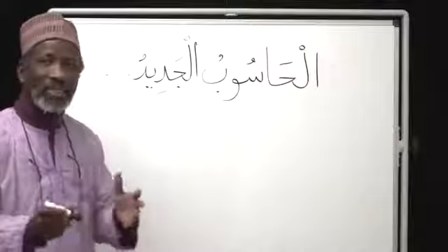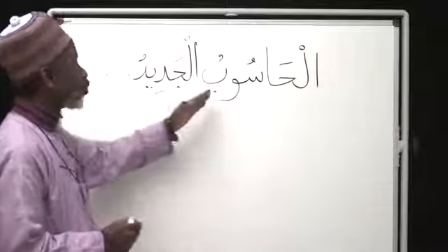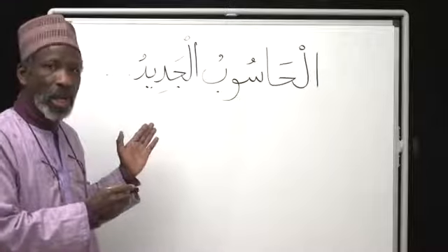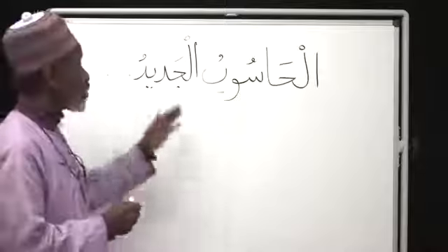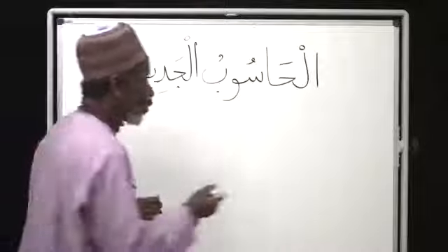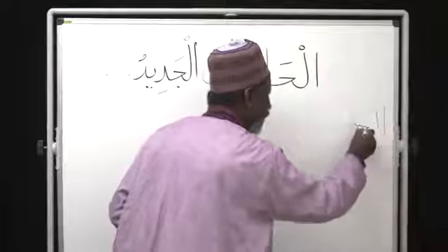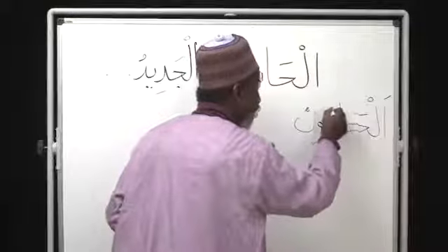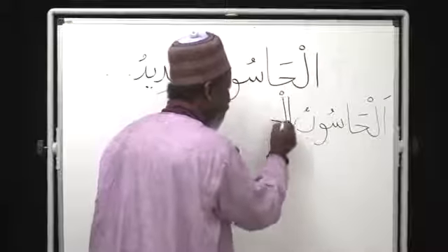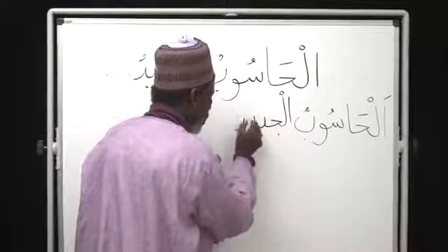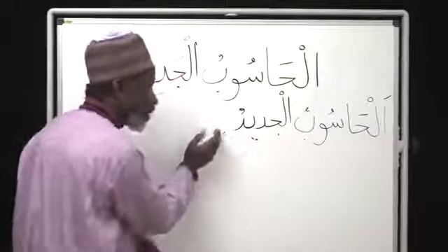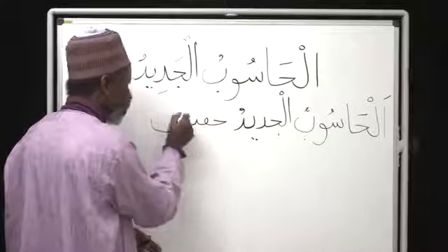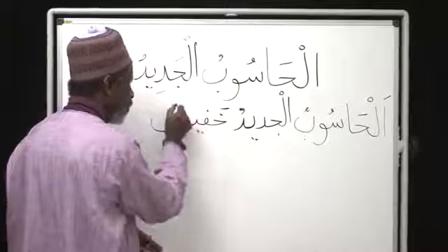Now let's extend this a little bit. We've done al-hasubul jadidu. Let's imagine you want to complete this sentence now, to say, for instance, the new computer is light. So we'll say al-hasubu al-jadidu. Then we drop the al, we say khafifun.